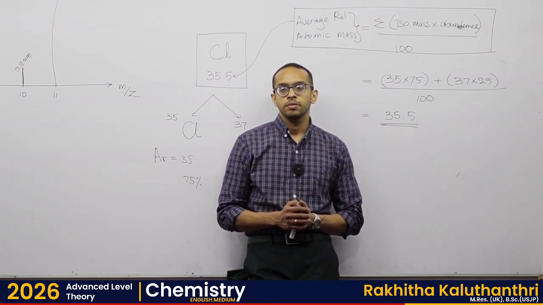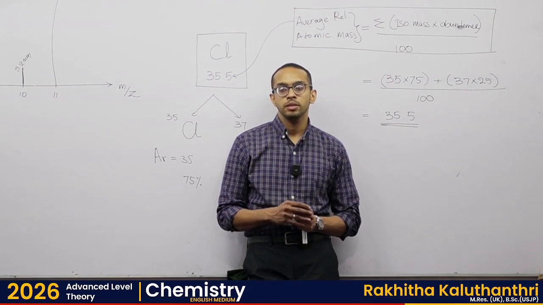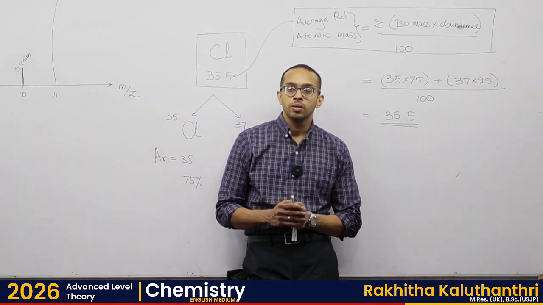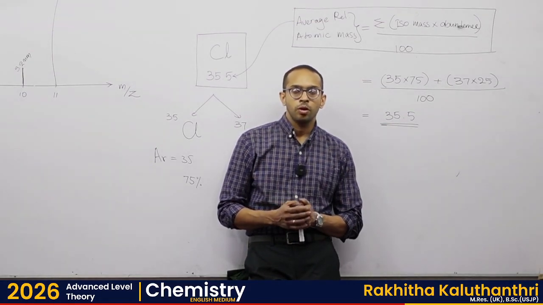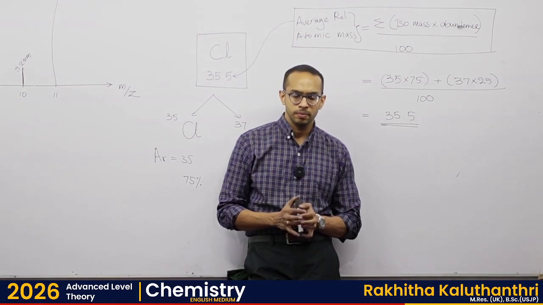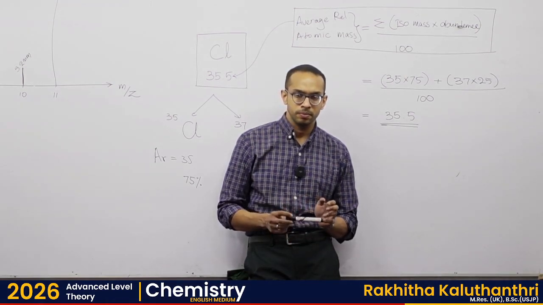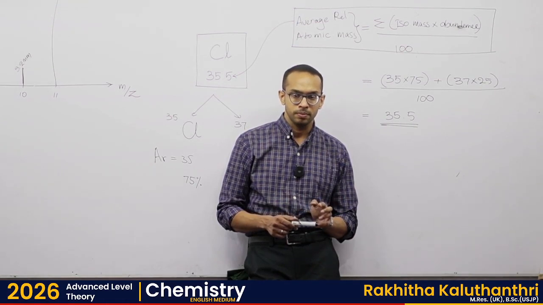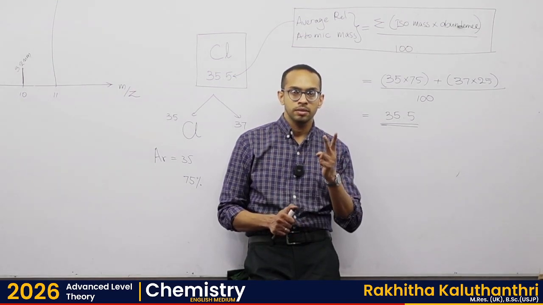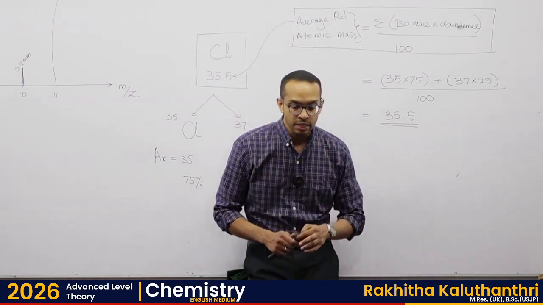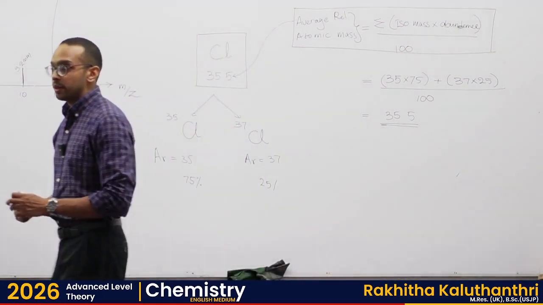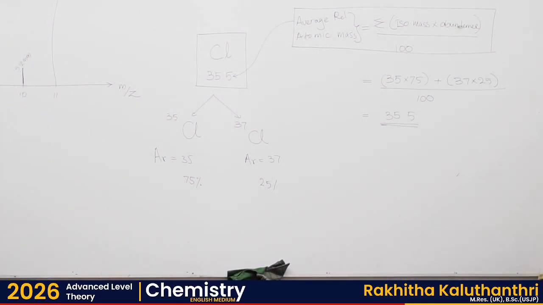Right. First question, calculate the percentage abundance of the isotopes of boron. Second one, calculate the average relative atomic mass of boron.